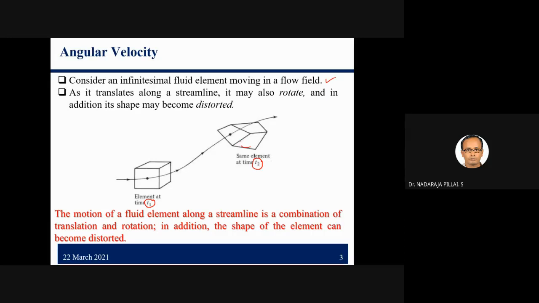And also there is a possibility that the shape may be distorted. It need not be the same as a cube, as we mentioned at time t1. It can change its shape also. So how to express that? That is our discussion today.